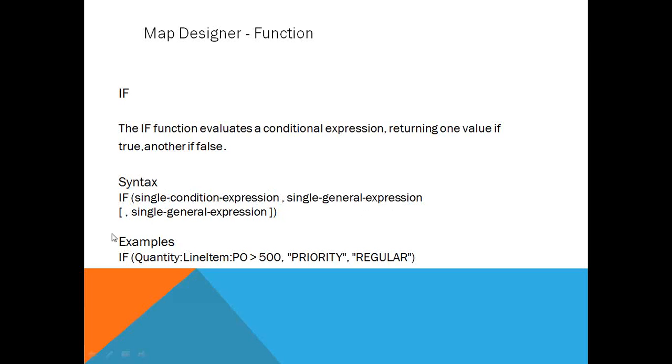If that is false, it will return the third argument. Here in the example, if quantity is greater than 500, it returns priority, otherwise it returns regular. True means priority, false means regular.